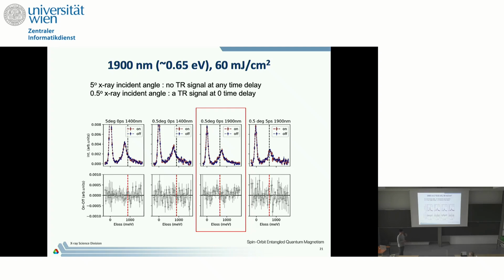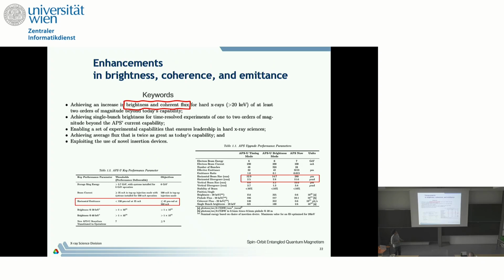As the last part, the APS upgrade focuses on brightness and coherent flux. Coherent flux is not that meaningful in our inelastic X-ray scattering, because after scattering all the coherence information is gone. But brightness matters a lot.